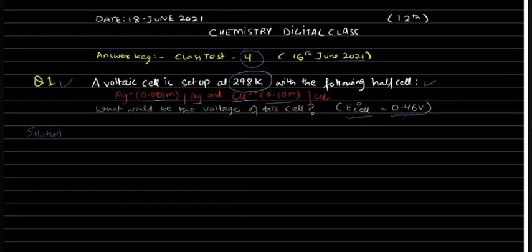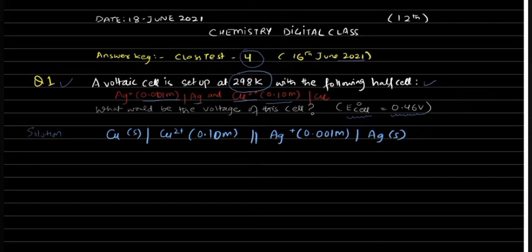First we need to write the cell reaction in which copper solid changes into Cu2+ at 0.10 mol/L, then the salt bridge, whereas Ag+ at 0.001 mol/L converts into Ag solid.